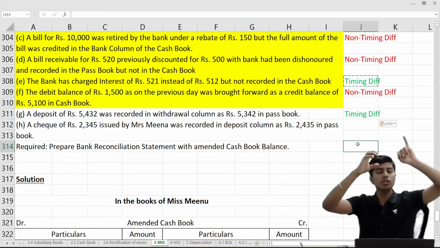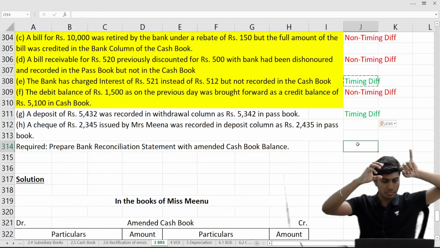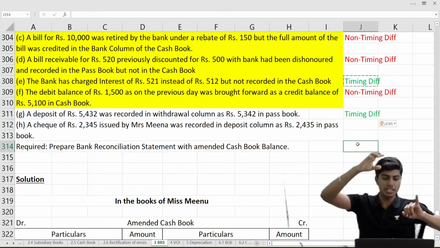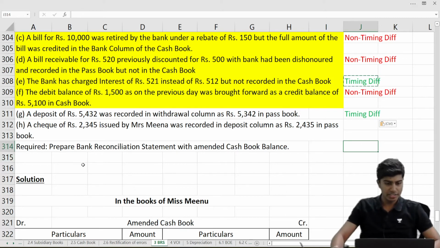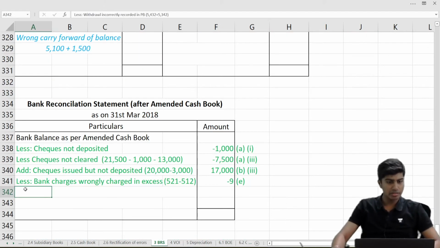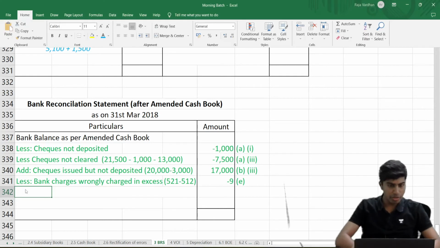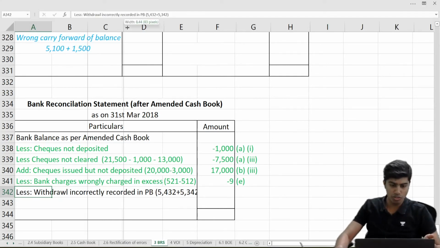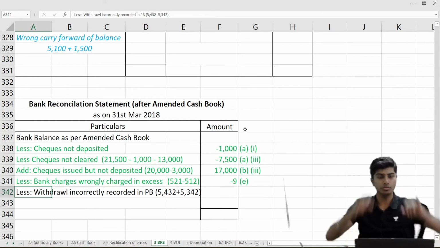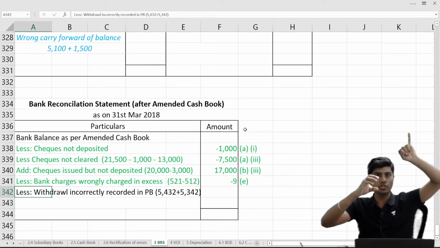Do you agree with me? So the passbook balance has gone down. Where are we making changes? Cash book. What do we do? Decrease. Shall we decrease it? Yeah. Chalo, let's decrease it. By what amount? Double the amount, meaning basically not the same amount. 5432 plus 5342. It was supposed to go up by 5432.